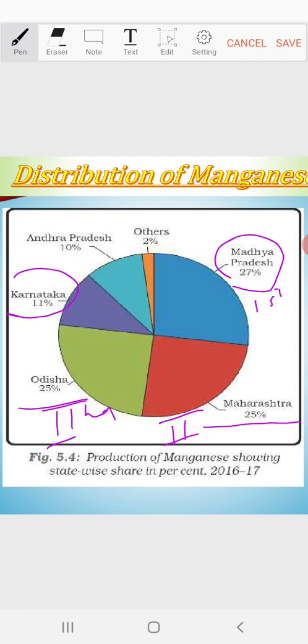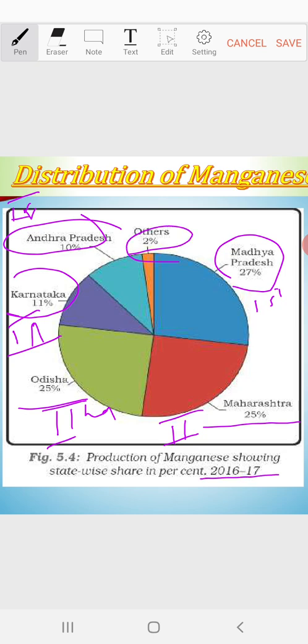Karnataka has 11%, the third, and the fourth state is Andhra Pradesh with 10%. Others occupy 2%, and this data is as per 2016-17.